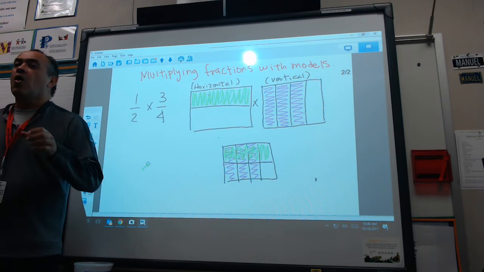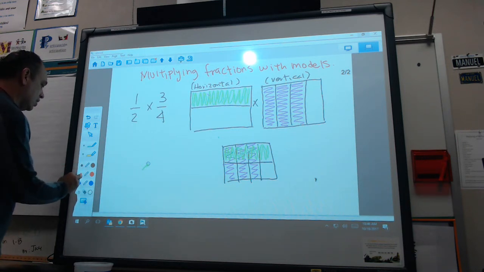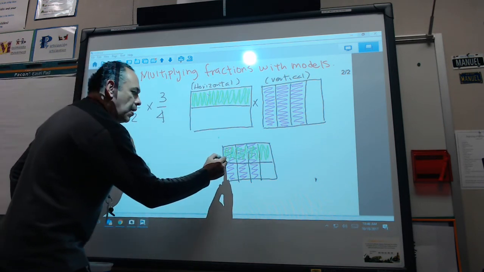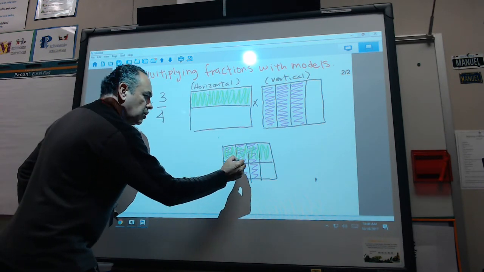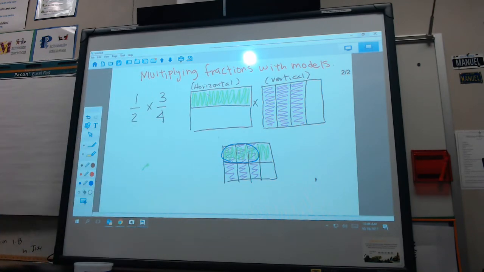So I am going to look only at the ones that are colored twice. Only at the ones that are colored twice, right? And I'm going to show you here how many are colored twice. This one is colored twice, this one's colored twice. So I have 3 that are colored twice, right? Guess what?